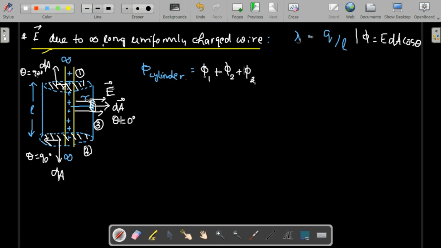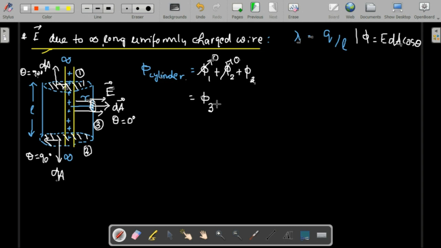Theta is 0 for the third surface, that means cos 0 is 1. But for the first and the second surface, theta is 90 degrees, and theta 90 degrees means phi 1 is 0. Phi 2 is also 0 because cos 90 is 0. So the only contribution for the flux is nothing but phi 3. It's coming from the third surface.